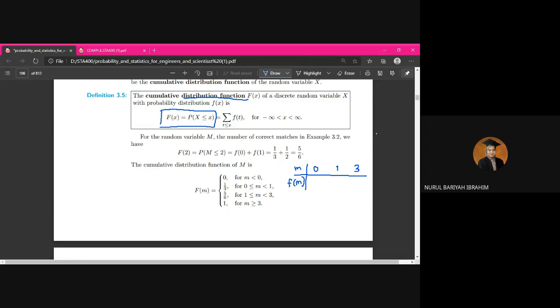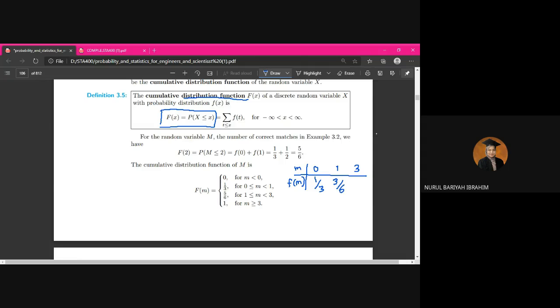Untuk 0 dia adalah 1/3. Untuk 1 adalah, ya betul ke 1/3 here? Betul. Here is 3/6.